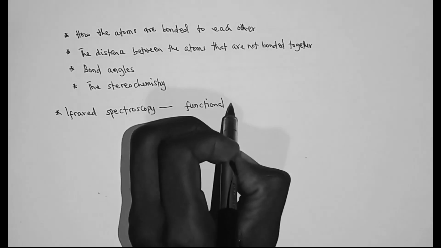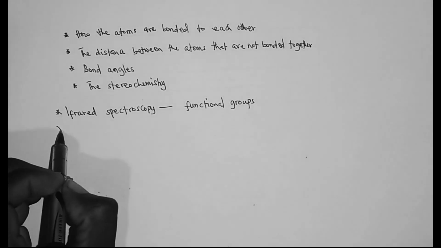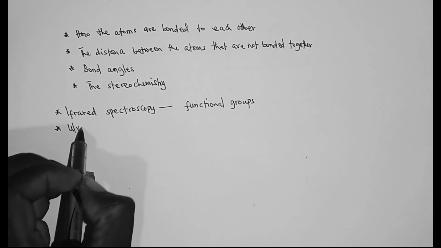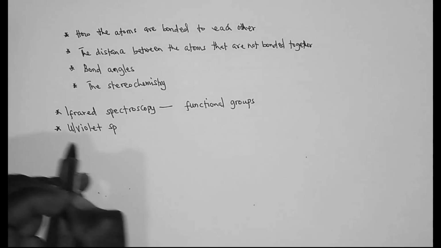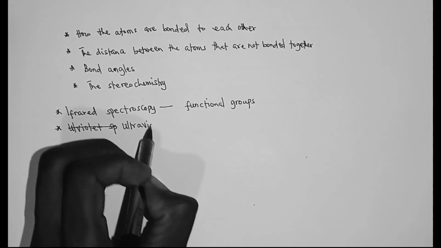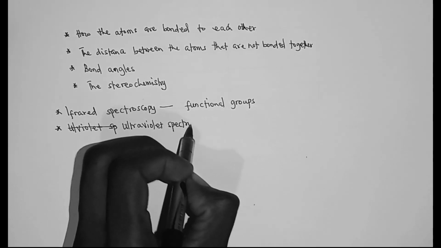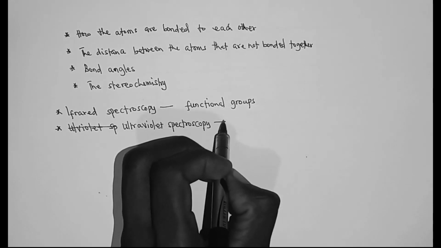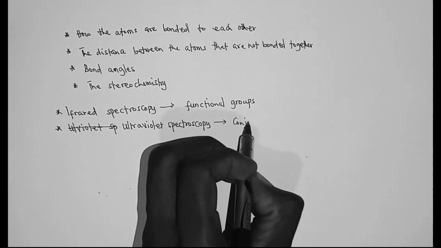So this one will help you to determine the functional groups of the organic compound. Then the second one is the ultraviolet, the UV, spectroscopy. And then the ultraviolet spectroscopy helps chemists to determine conjugated pi bonds.